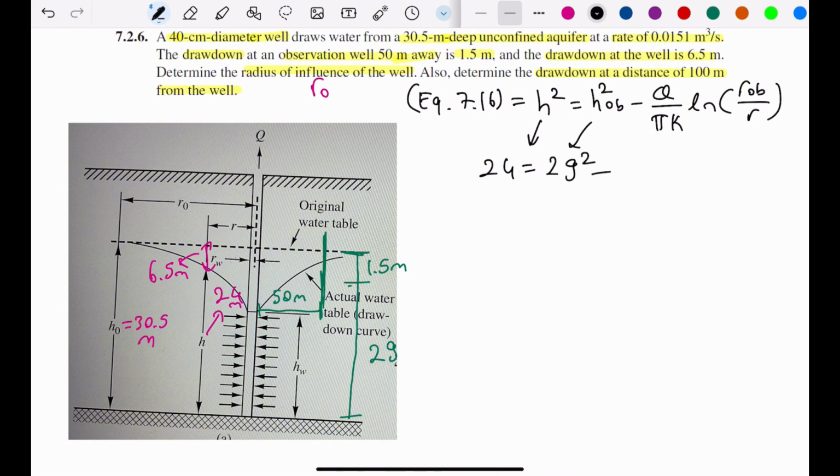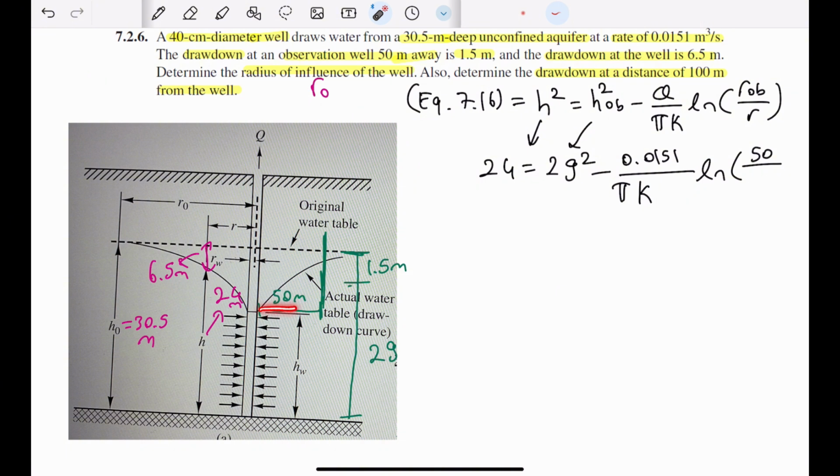HOB square minus Q. It is given as 0.0151 over pi, and we do not know K. And this time we are using 50 meter as radius of influence because we actually need to find K. So this radius of influence is not the actual value, but we are using it to find K. So which is the distance from the well for the observation.